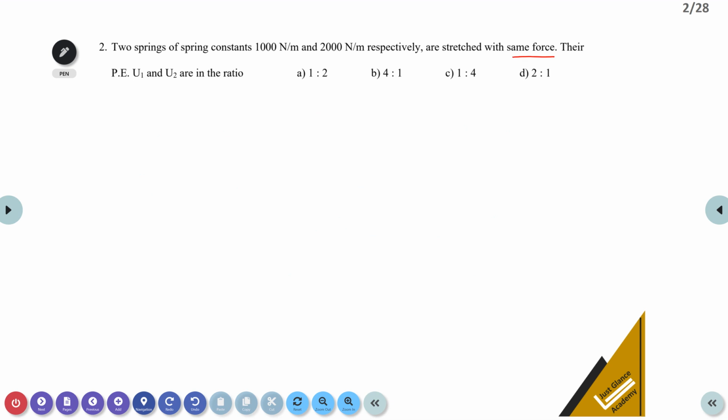with the same force. Whenever they use the term stretched with the same force, you have to modify the formula. Here W equal to one by two K X squared, a standard formula.